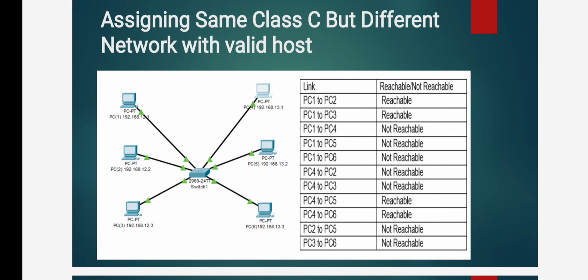And PC4 to PC3 is also not reachable because their network parts are not the same.